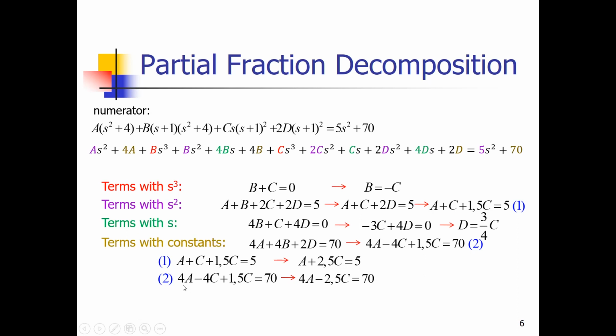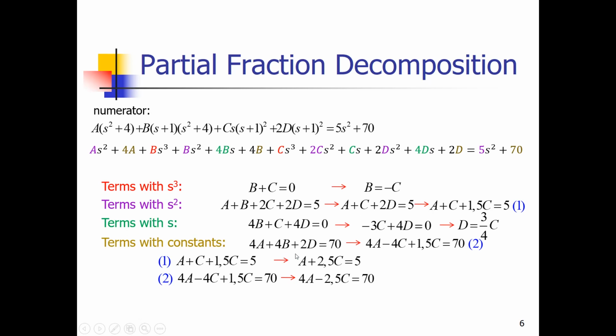And we have 4 times a minus 4 times c plus 1.5 times c, which equals 4 times a minus 2.5 times c, which equals 70. Two equations, two unknown values, so we can solve a and c. And when we have c, we can calculate b, and we can calculate d. And then we have all the constant values a, b, c, and d.